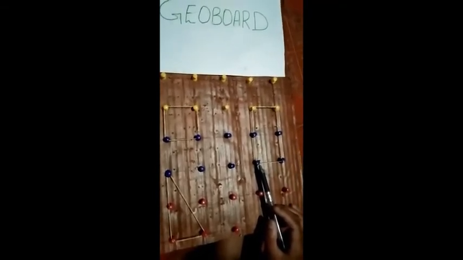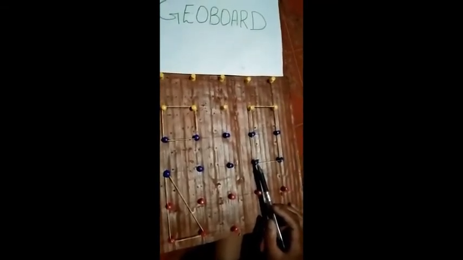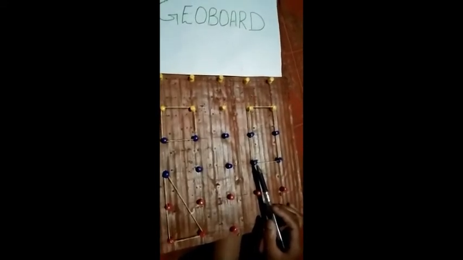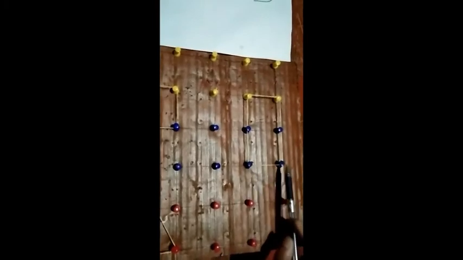So if the question says find the area of the rectangle whose length is 2 cm and breadth is 3 cm, we can say that this push pin stands for 1 cm, this push pin for 1 cm, all the push pins stand for 1 cm. So here we have 1, 2.